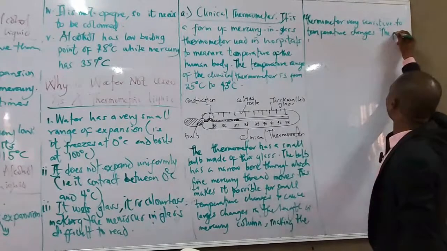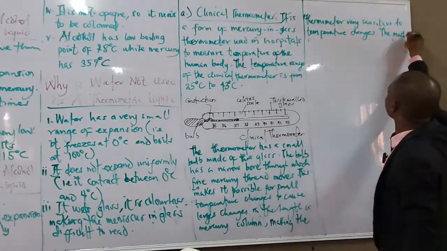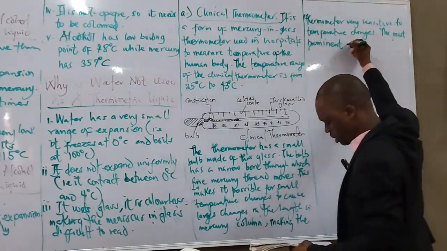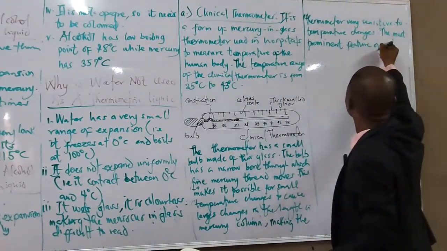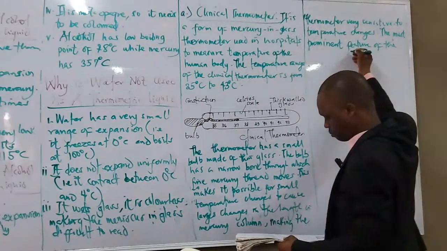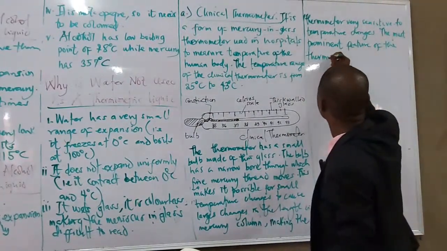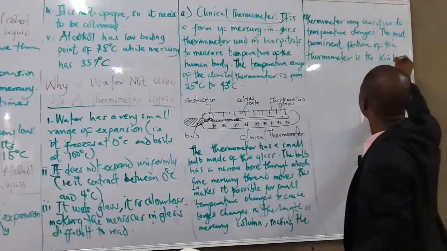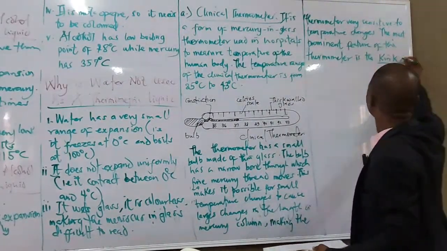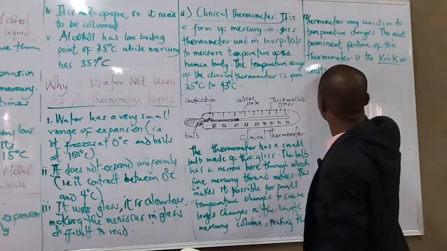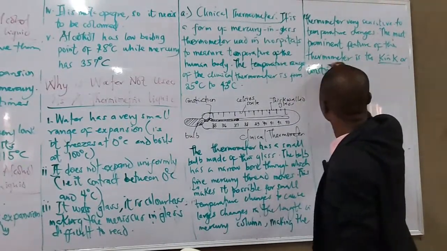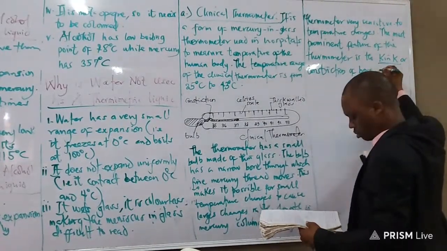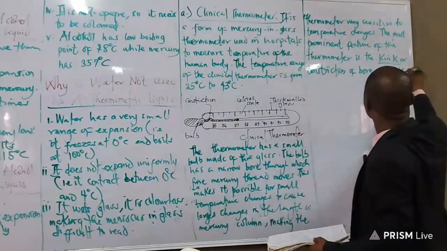The most prominent feature of the thermometer is the kink or constriction of the bore, and this is near the bulb.